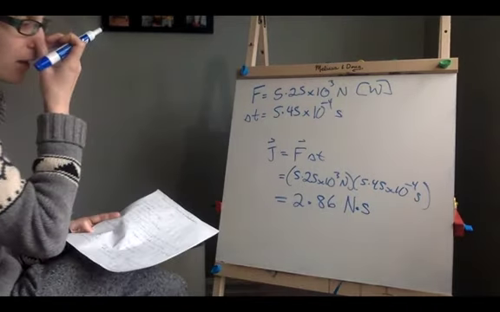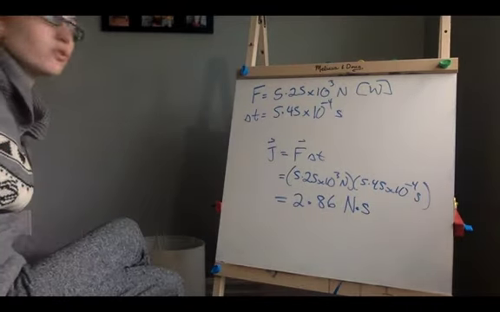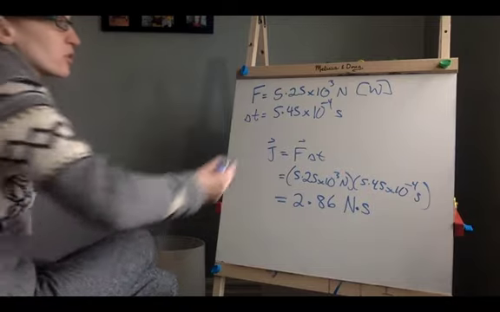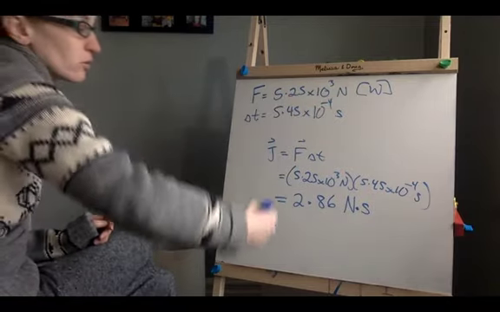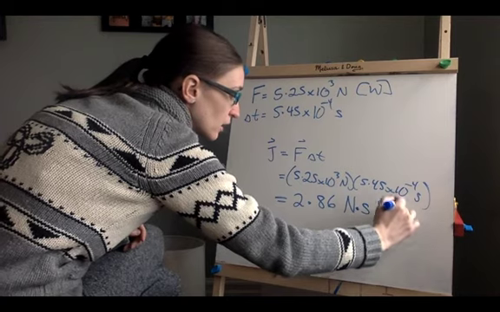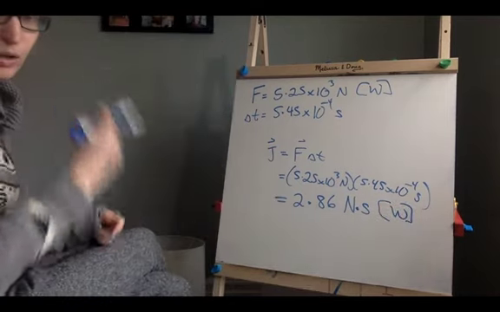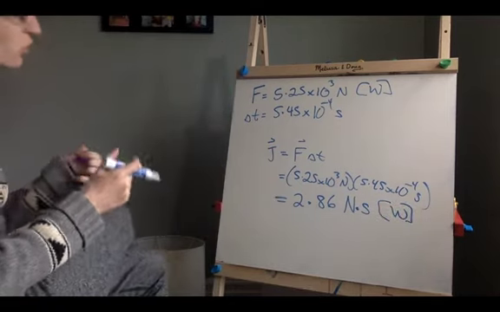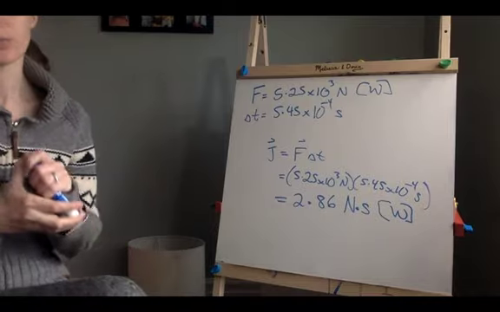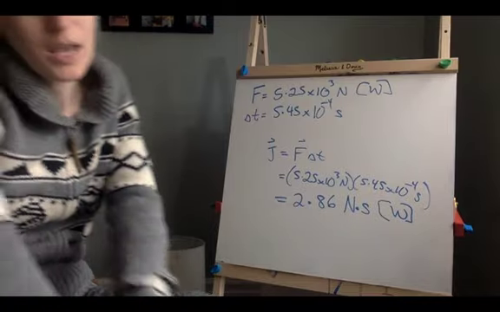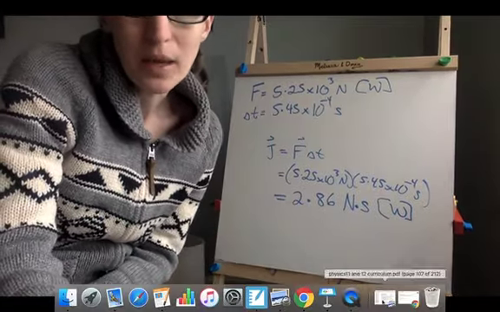And again, the direction of your impulse is going to be the direction of the force. So since the force was applied in a western direction, the impulse will also be in a western direction here as well.